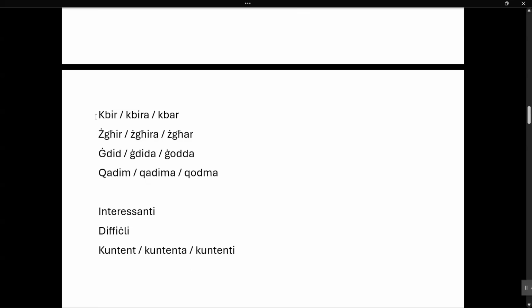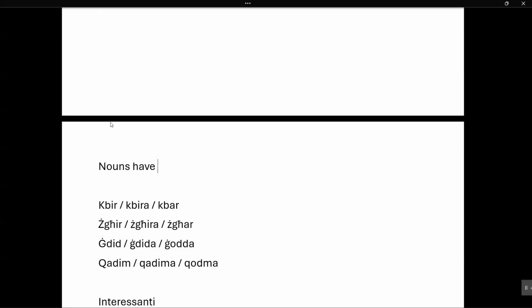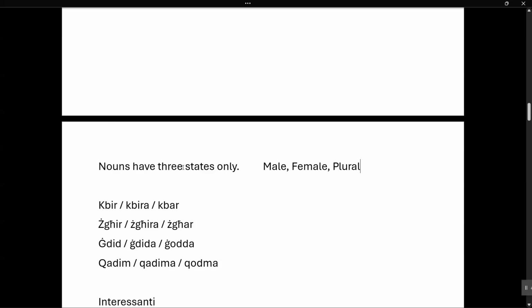In other words, in Maltese, nouns have three states only. Male, female, and plural. Not four states. They do not have a male plural and a female plural. It is male, female, and plural only.